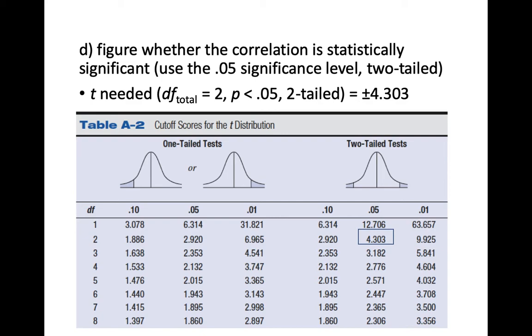We're testing whether the correlation that we sampled could be drawn from a population that has a correlation that is either greater than 0 or less than 0. So we didn't make a prediction by doing a two-tailed test.